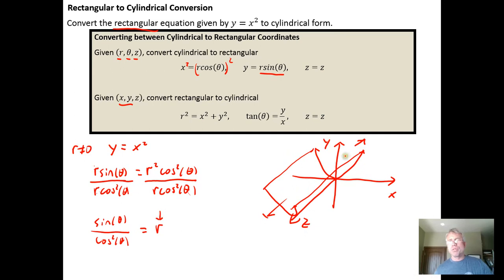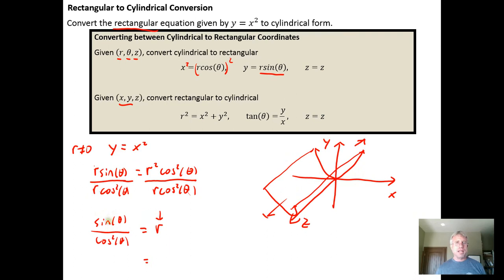In other words, we don't lose the fact that the radius is going to be 0 sometimes. We don't want to lose that fact by doing the division by r. And so here I want to notice that this ratio will be equal to 0 when theta is equal to 0. So there is an angle theta for which I will get a radius of 0. So I'm okay with dividing by the r right here like I did, and not losing the fact that the radius is equal to 0.